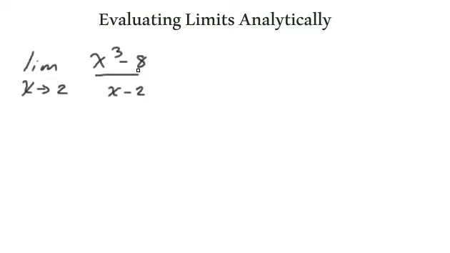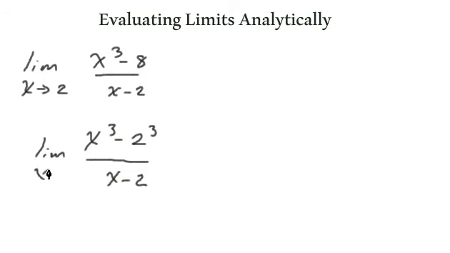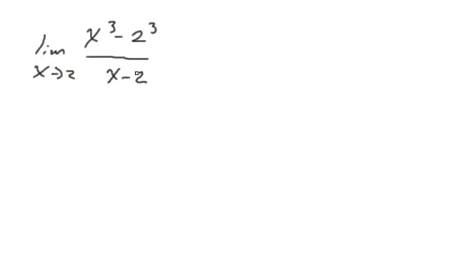Well, you might know how to do that, but for those who don't, let me go ahead and just work that out. So this x cubed minus 8 can actually be rewritten as x cubed minus 2 cubed over x minus 2. I'll just rewrite the limit notation. Okay, so this is the difference of 2 cubes in the numerator, and we're going to factor this.